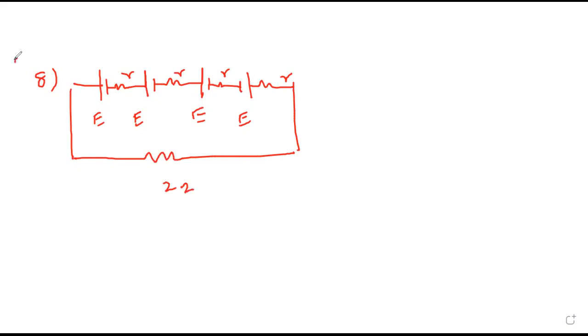This is also important. How many cells are in series? 4 cells are in series. And how many are reversed?